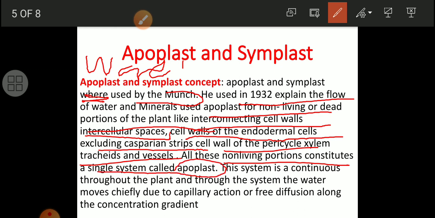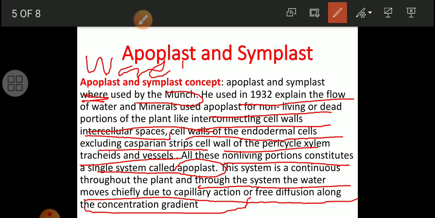The system is continuous throughout the plant. Through the system, water moves cheaply due to capillary action or free diffusion along the concentration gradient. Whenever such absorption of water takes place, that is the apoplast, given by the scientist Munch.